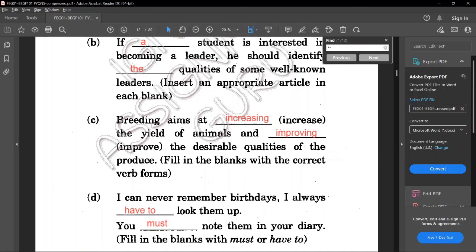Breeding aims at is basically a present tense sentence, so in the blank there should also be present, not past or future. So it will not be will increase or increased. Present will always go with present, guys. So you are using the word increasing, which is the present form, and also improving, which is also the present.